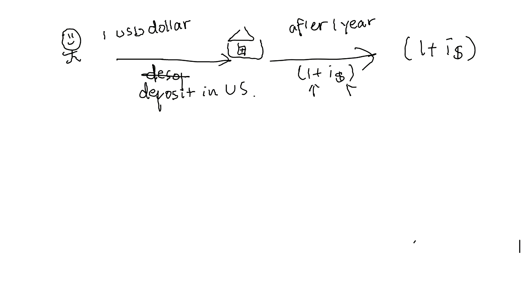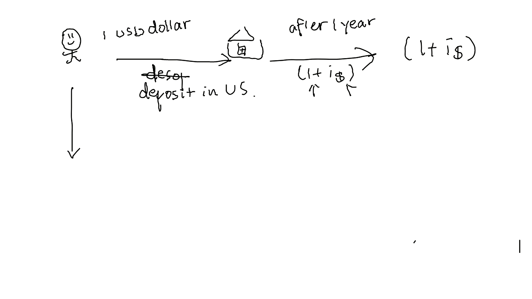If you just deposit your asset in the U.S. bank. If you try to arbitrage, if you try to get more return on your deposit, you look for some banks overseas. So let's say you find a German bank in Europe. So first of all, what do you have to do?